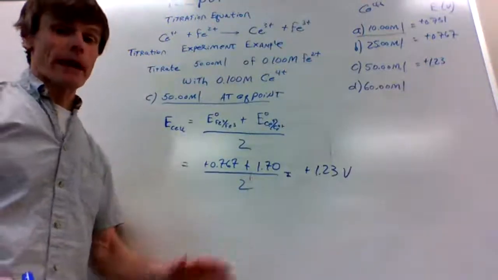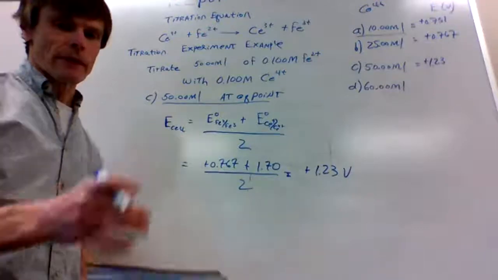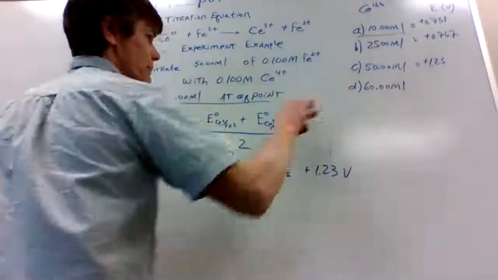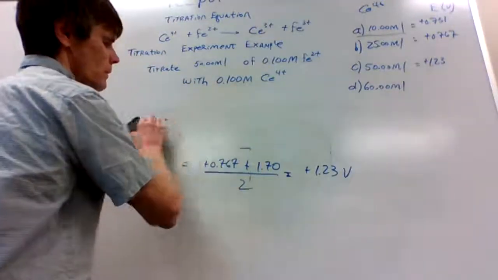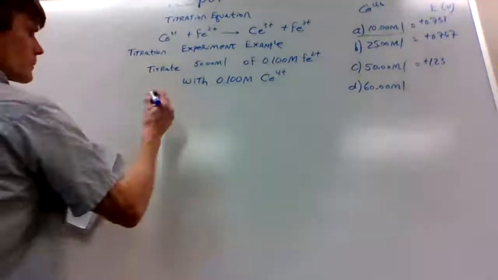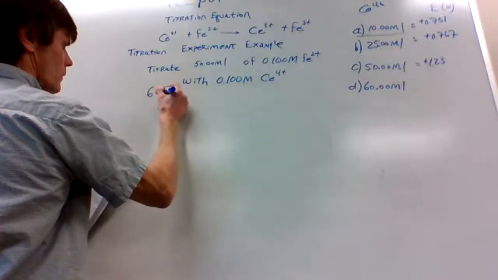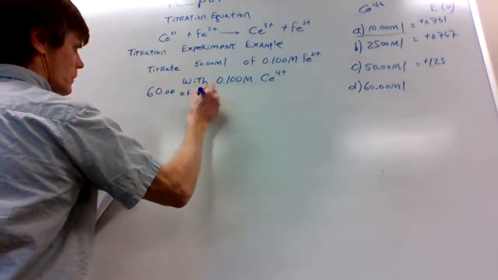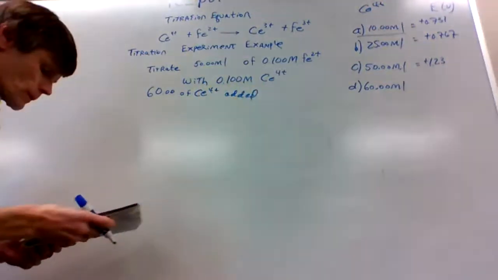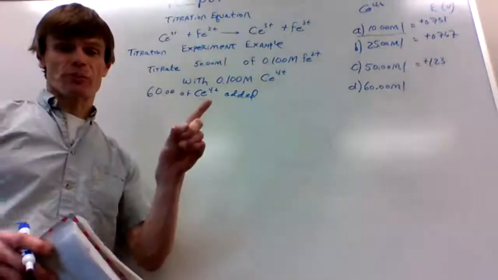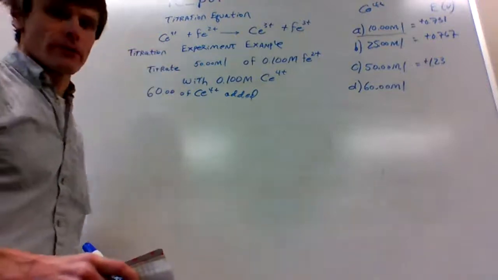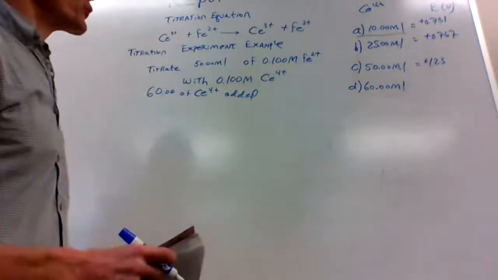So far, everybody happy? Again, questions, send them to me. We'll go over this. Let's do one more, 60 milliliters. Okay, we're beyond the equivalence point now. We've added excess amount of this ceric 4 positive. We've consumed all of our iron 2.